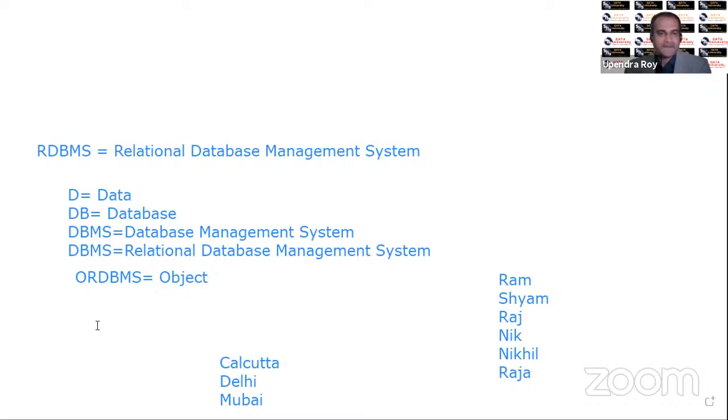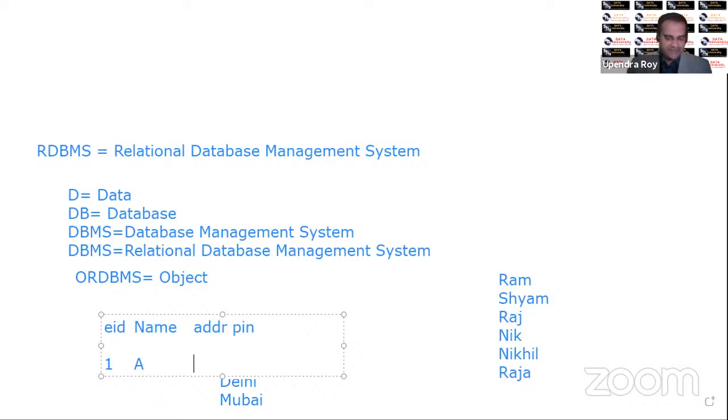Suppose the first column is employee ID, then name, then address, then PIN. For example, ID I gave 1, name A, address Kolkata, PIN 111.